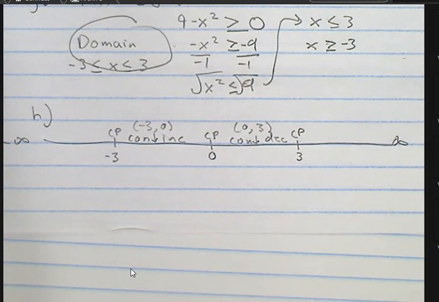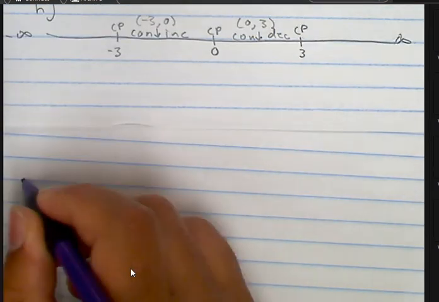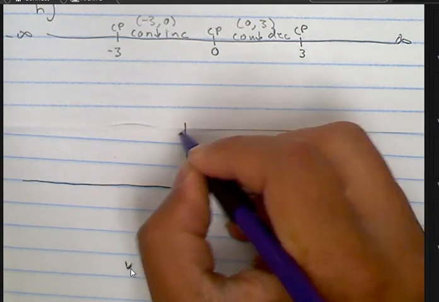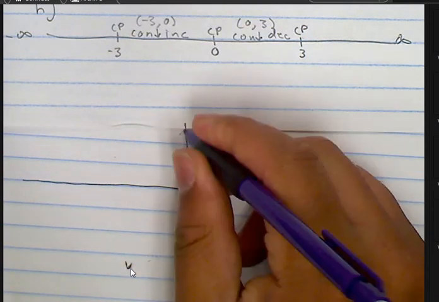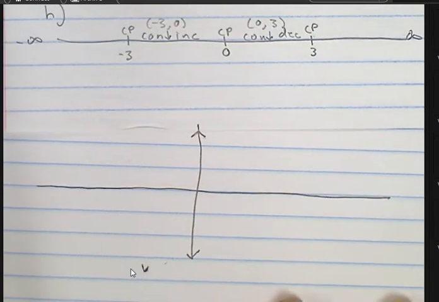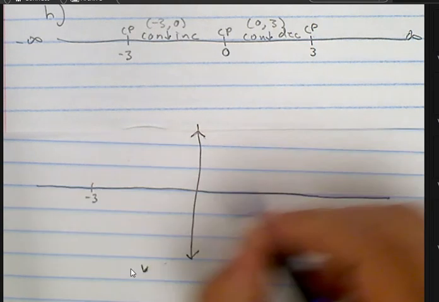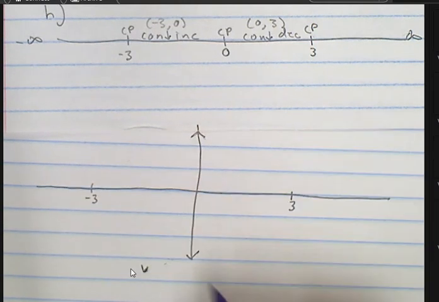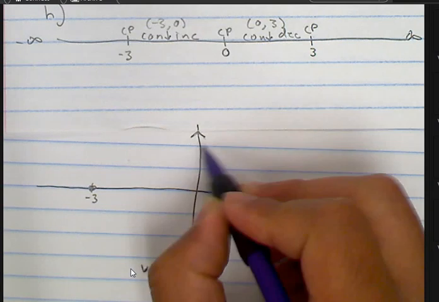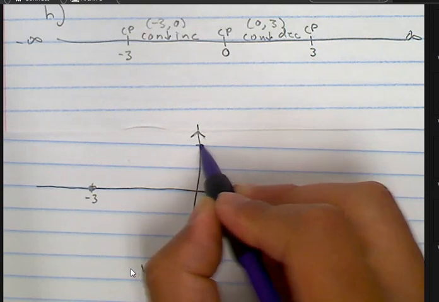Alright. Let's make our graph. Alright. So we know our domains from negative 3 to 3. If you refer back to the extrema and the x-intercepts were here, and the y-intercept was at 18.